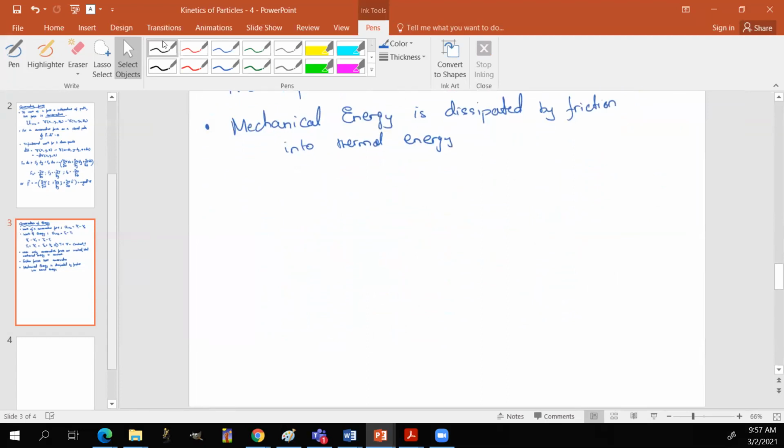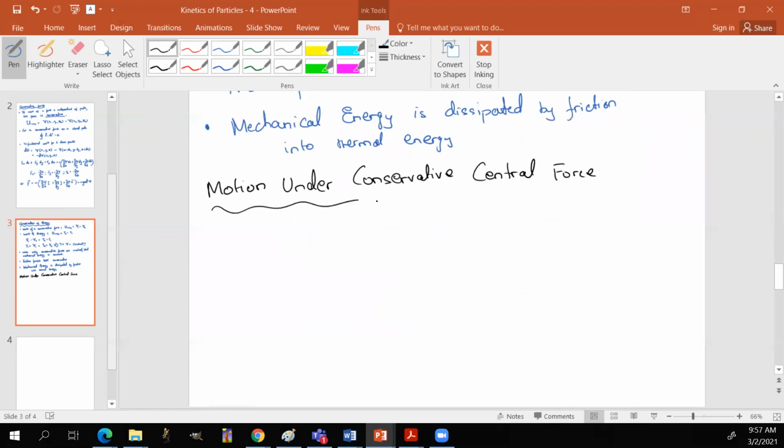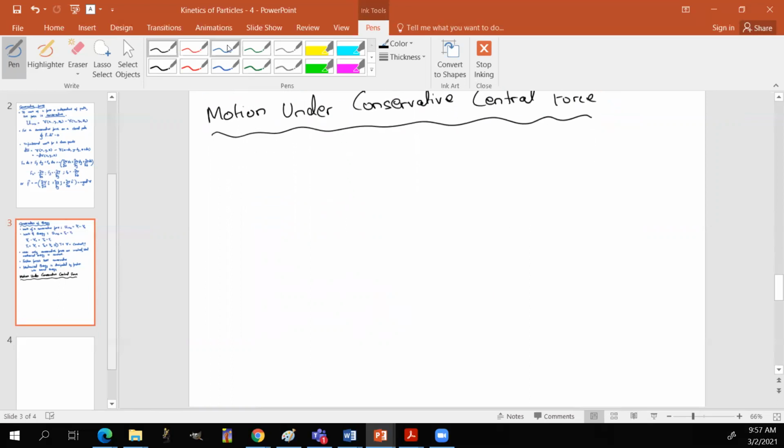So finally, we look at motion under a force that's not only conservative, but it's also central. Right? So what's the best example of this?